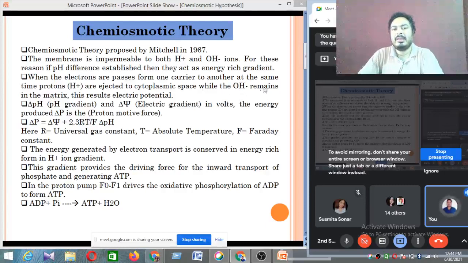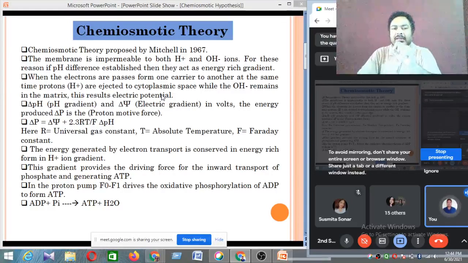Due to that gradient they produce an electric potential. The matrix becomes negatively charged and the cytoplasmic space becomes positively charged, so due to this positive and negative, an electric potential is generated.